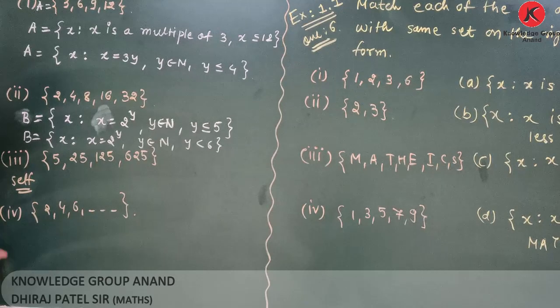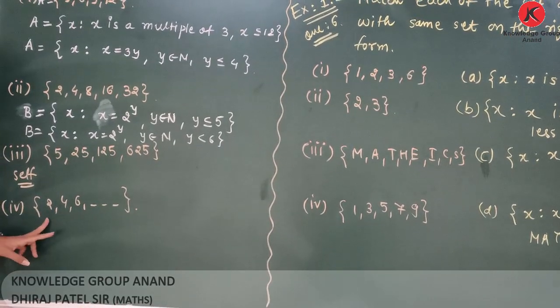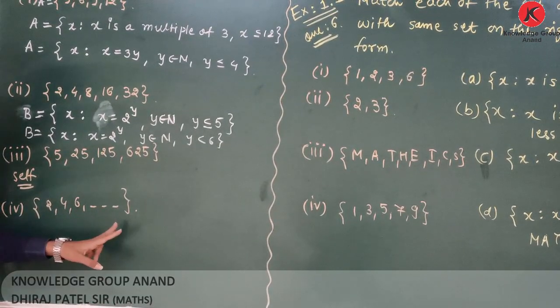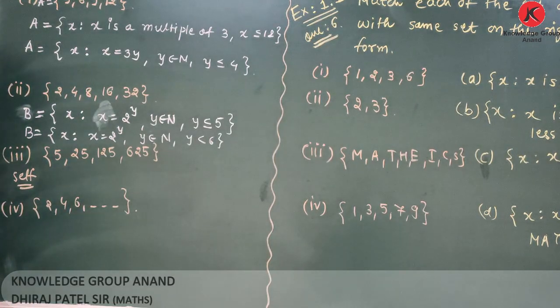Now the fourth question. 2, 4, 6, next 8, 10, 12. Observe the pattern of these numbers. All the numbers are multiples of 2.